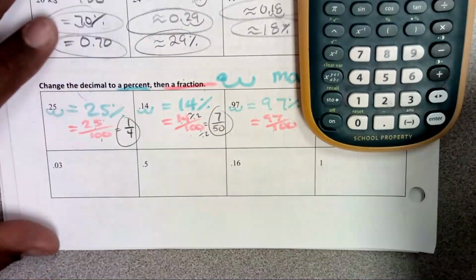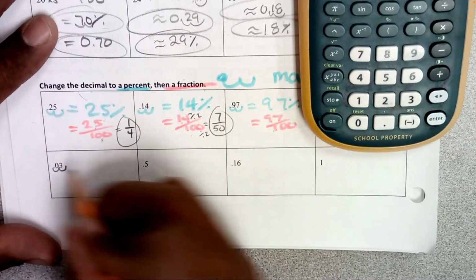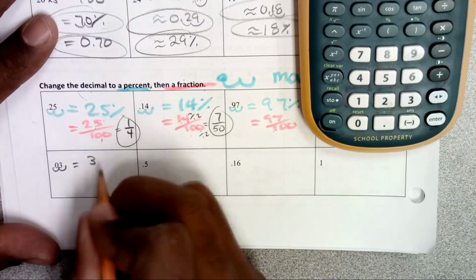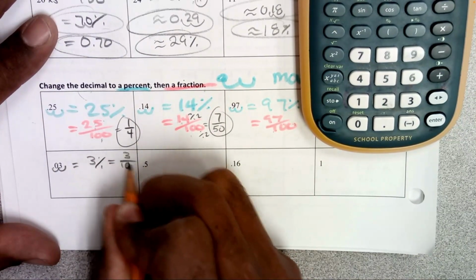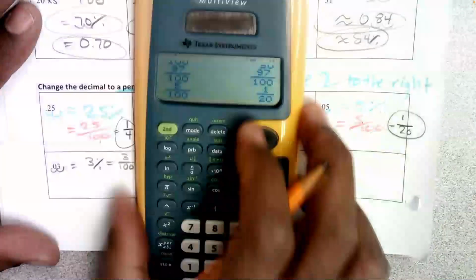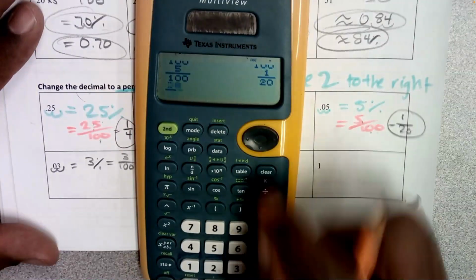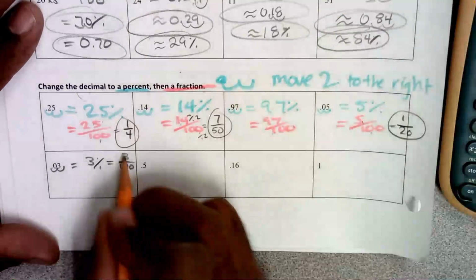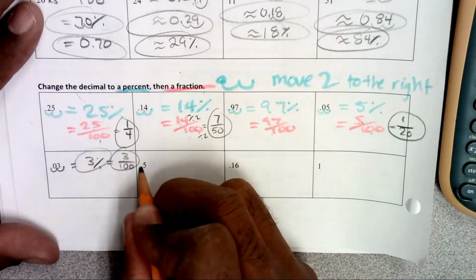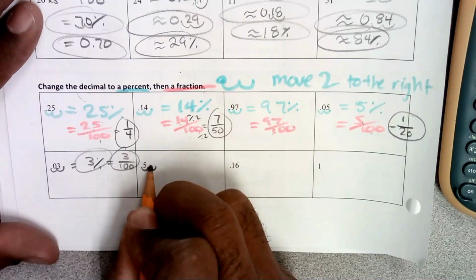All right. So again, first thing, 1, 2, move that, 3%. Then put it over 100. Okay, can I reduce it? I don't think so, but let's go ahead and check. Nope, so it's just 3 over 100. Okay, move the decimal, 1, 2. I have an open space.